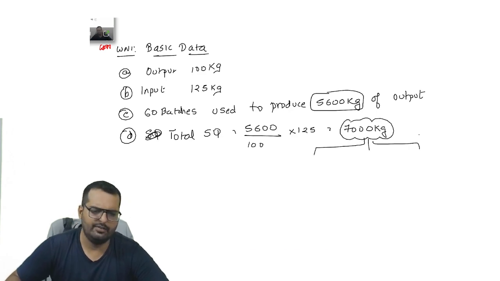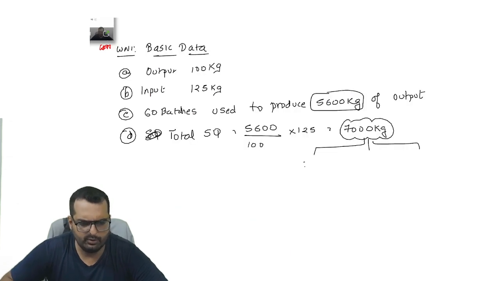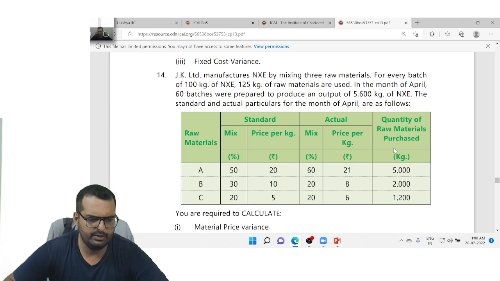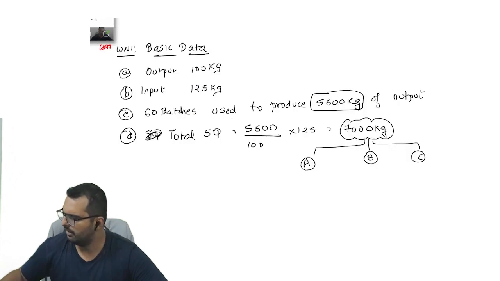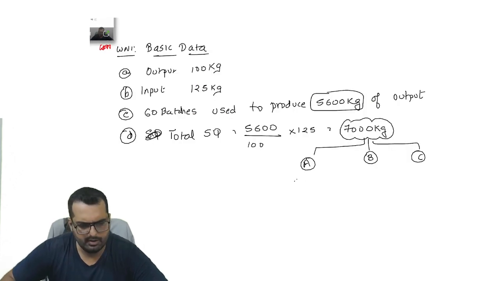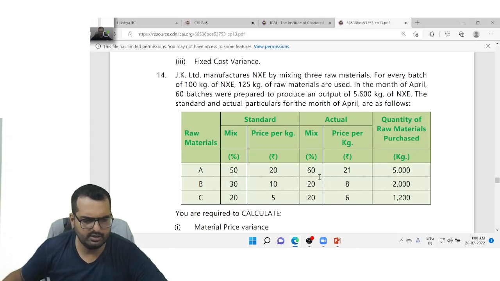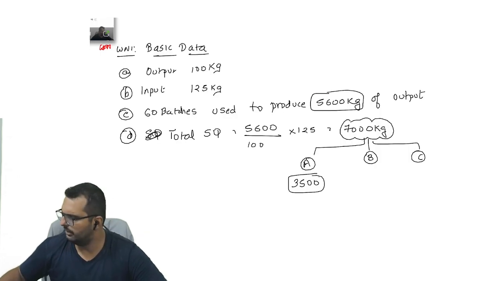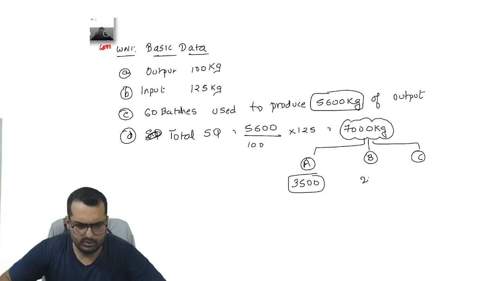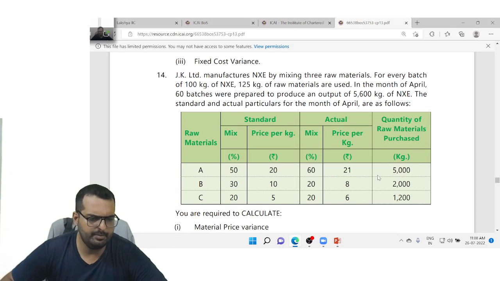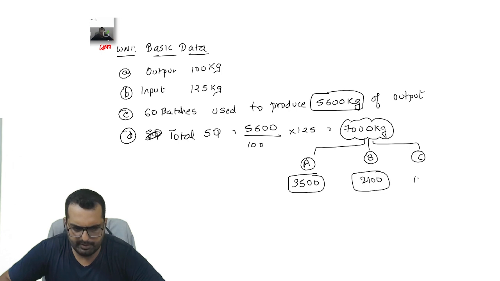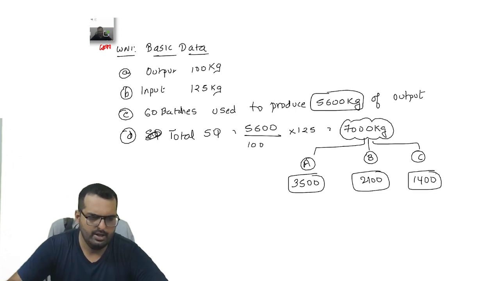All right, 7000 kg. All right. So when you do this, you will get A, B, C. All right, 50, 30, 20. 3500. Okay, other one is 30. So that 7000 into 0.3 will be 2100 and C will be how much? 20. That will be 1400. All right, so we got the SQ.